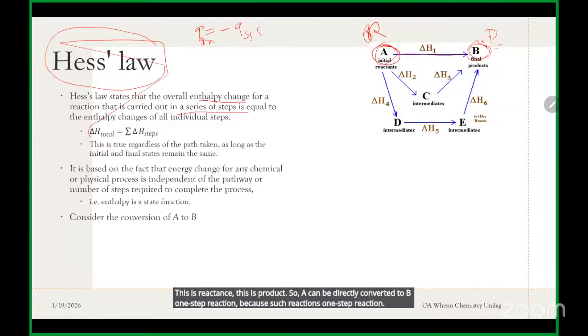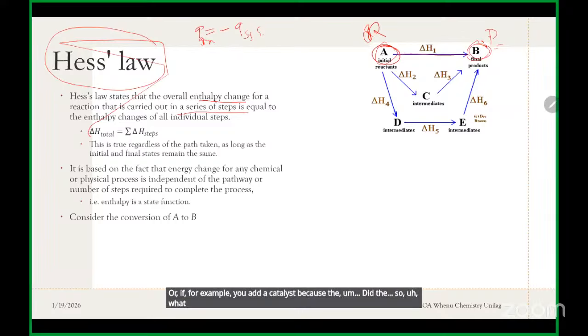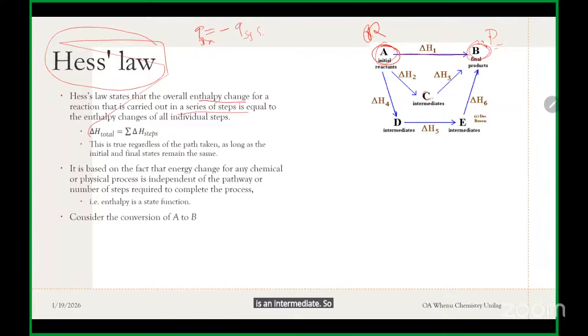Or if, for example, you add a catalyst, because the activation energy from going directly from A to B might be too large, you go through an intermediate called C to B. C is an intermediate because it's not the final product.